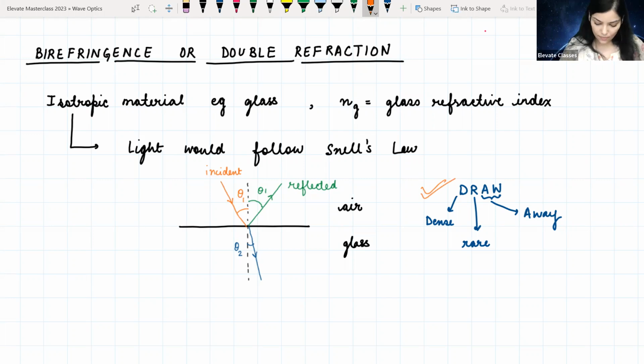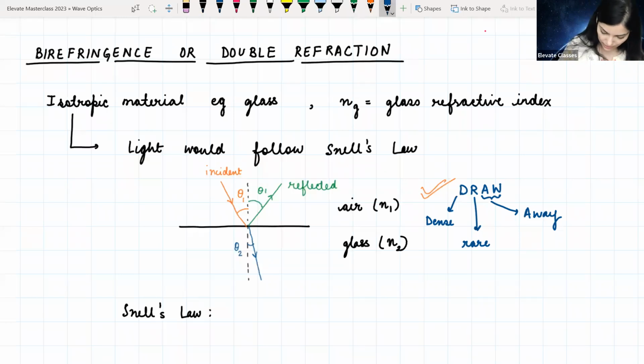So here, what does Snell's law say? Snell's law tells us that if the refractive index of air is, let us say, N1, and the refractive index of glass is N2, then Snell's law states: the incident light, reflected light and the refracted light are all going to be in one plane.